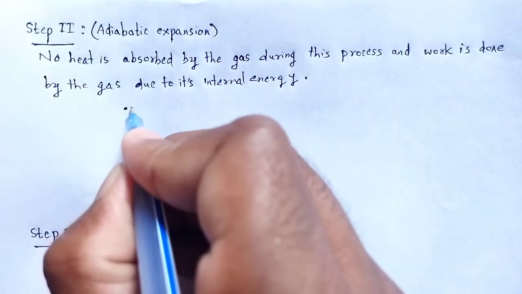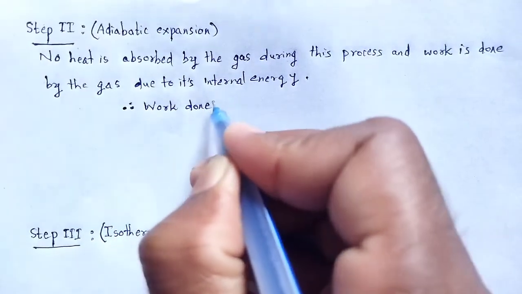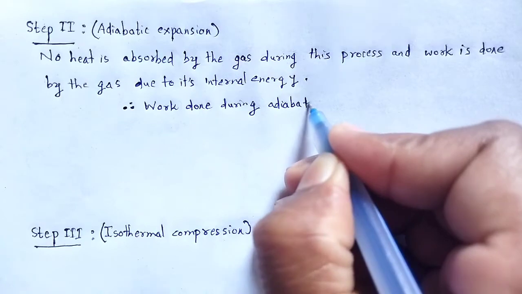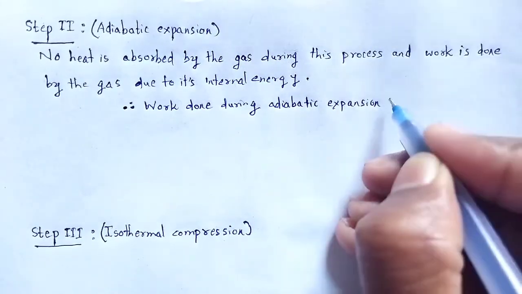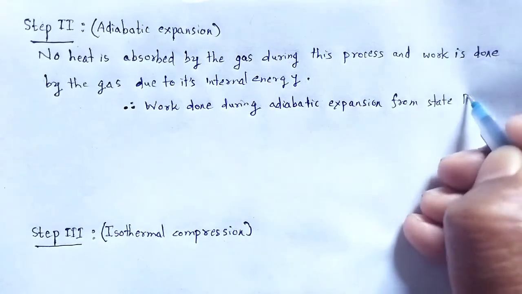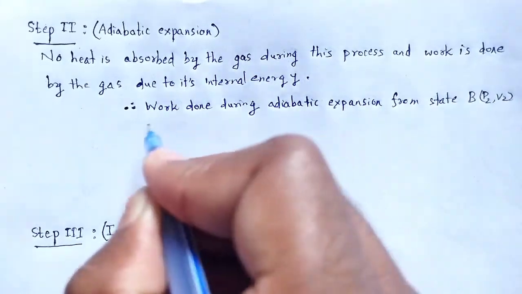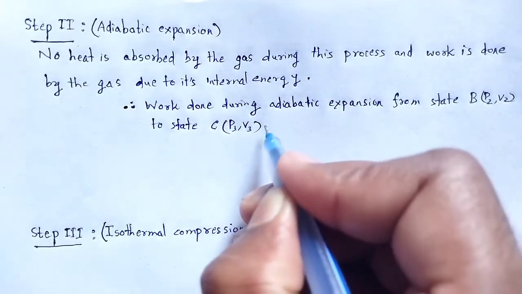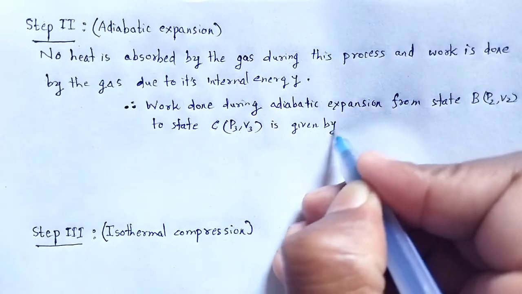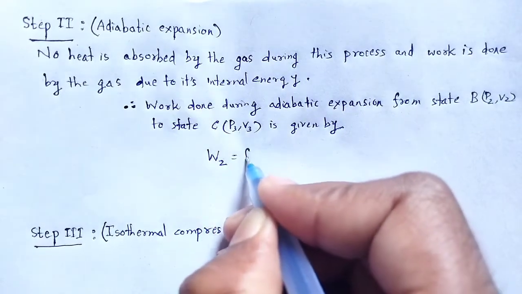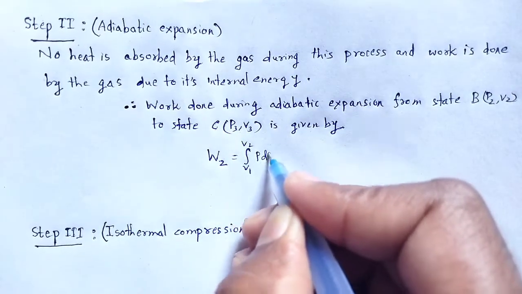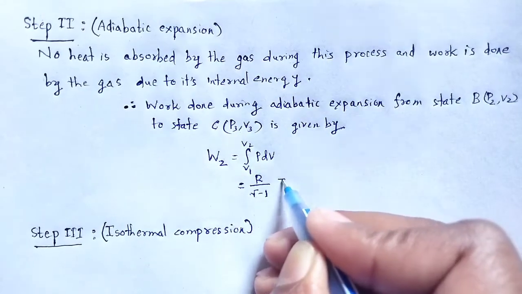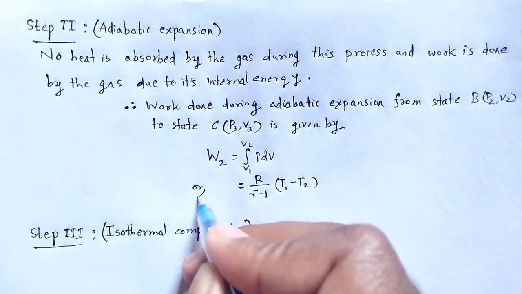We write, work done during adiabatic expansion from state B, having coordinate P2 V2, to state C having coordinate P3 V3 is given by, let work done be W2 is equal to integration from V1 to V2 PdV, and that is R divided by gamma minus 1 times T1 minus T2, that is W2.